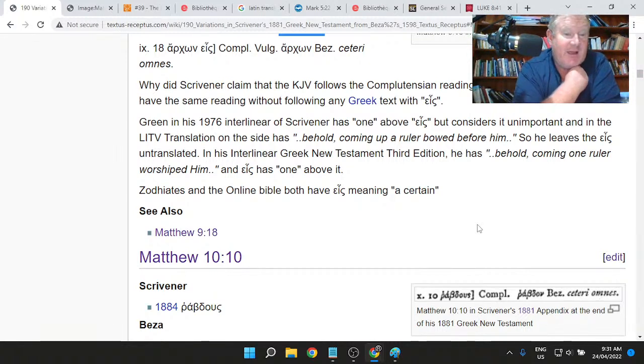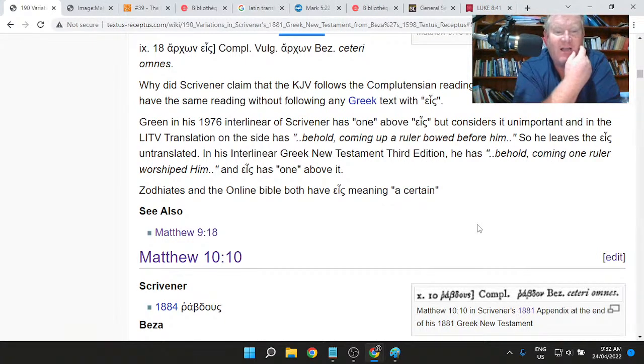And in the LITB translation on the side, he has, behold, coming up, a ruler bowed before him. So he doesn't have a certain ruler. So in just translating that, I guess he sort of overreacted to Scrivener, and he's sort of like, ice is just a ruler.